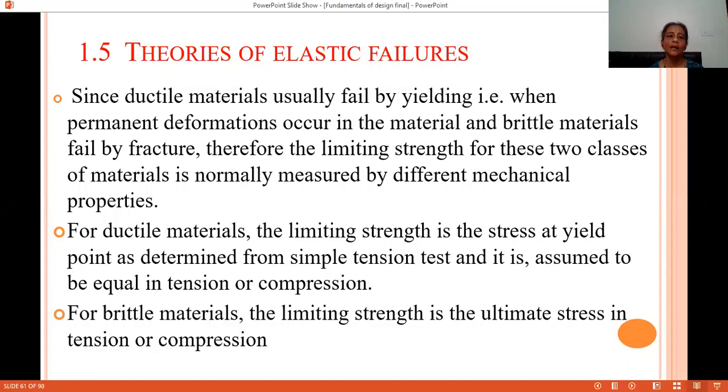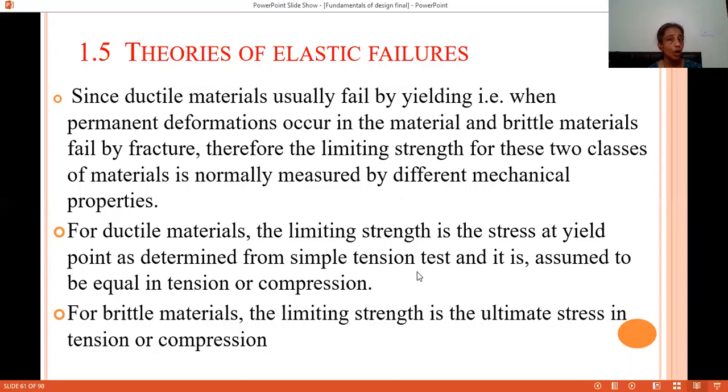In these theories of elastic failures, we can see that a ductile material is subjected to yielding. Yielding means there is a deformation. But brittle material fails by fracture. There is no deformation. So here, the limiting strength for these 2 classes of material is measured by different mechanical properties.